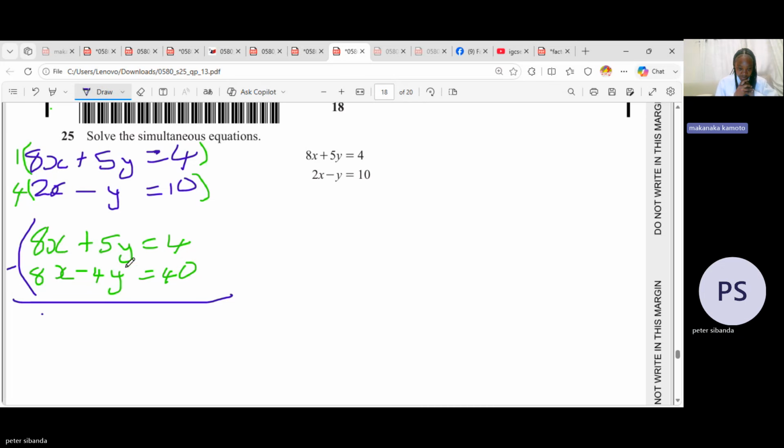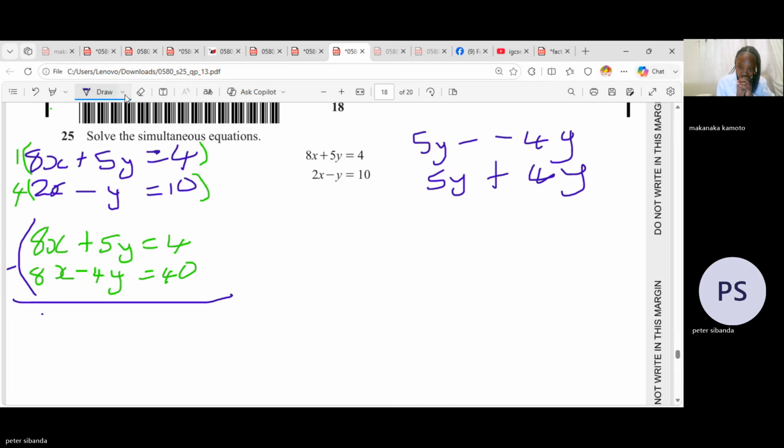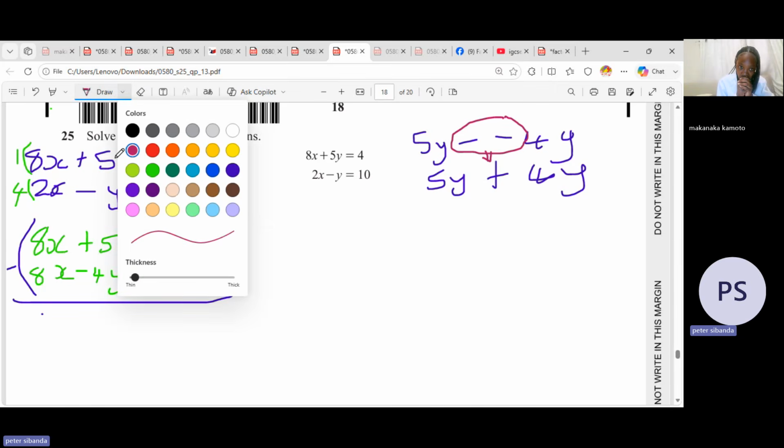So now we say 5y minus 4y, which becomes a positive. So the main sign becomes a positive, which becomes 9y. Okay, so 9y it is.